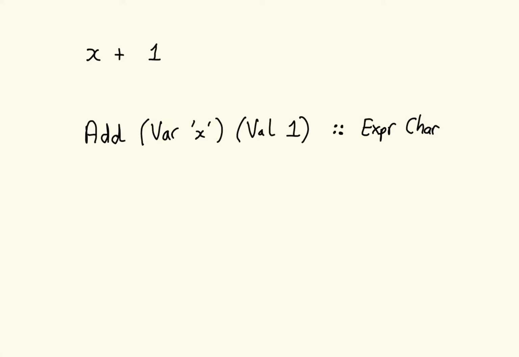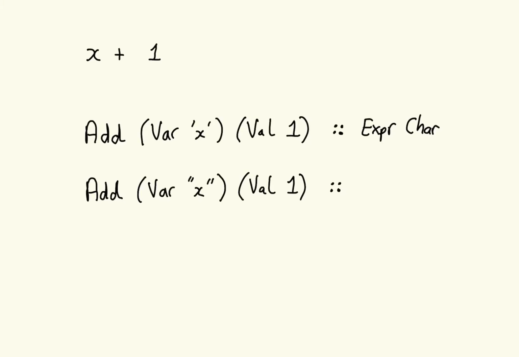But this is not the only way which I could represent this particular expression, x plus 1. There's many other ways I could do it too. So for example, I could have addition, and I could have the variable, and this time I could make it a string, so double quotes rather than single quotes, and the value 1 just stays the same.